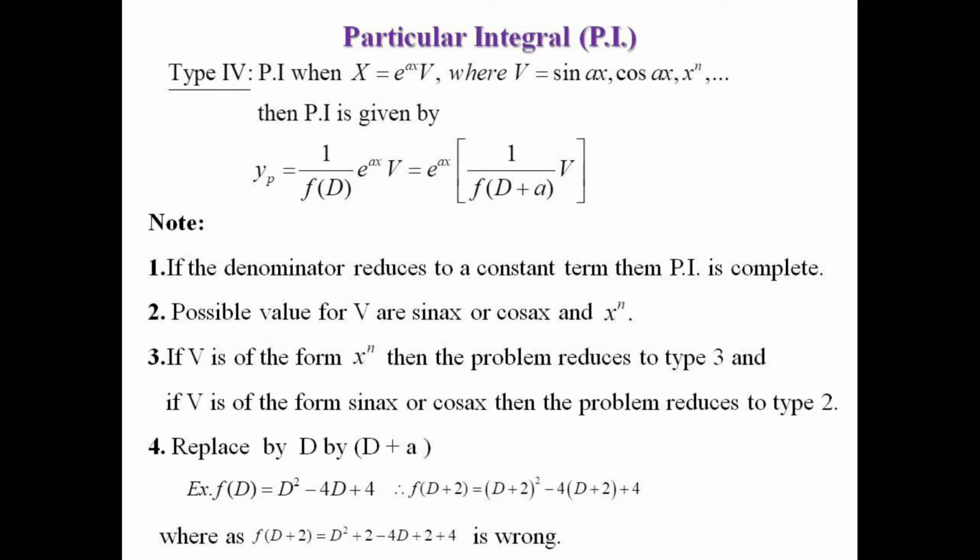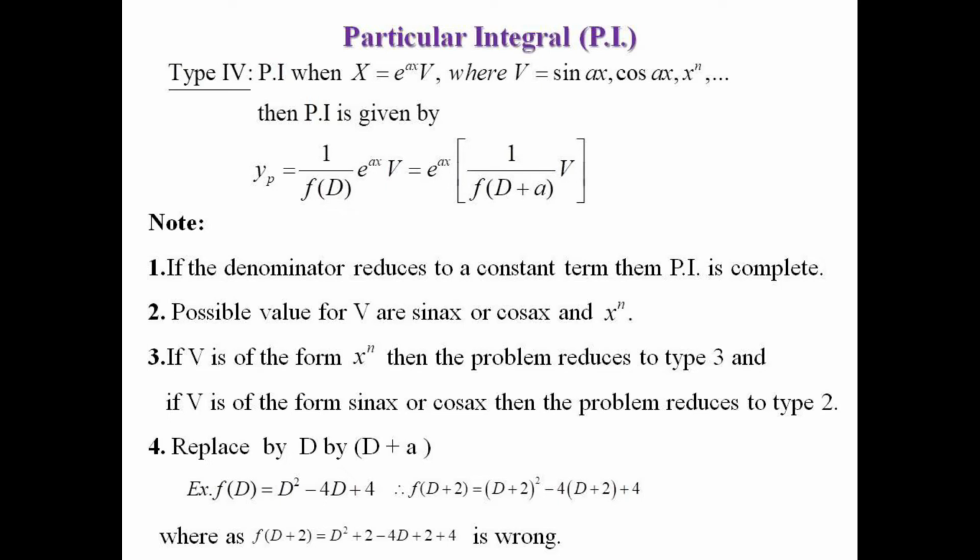If we try to solve the bracketed term 1 upon f of D plus a into v, then if the value of v is of the form x raised to n, the bracketed term can be solved with the help of type number 3 for finding the particular integral.